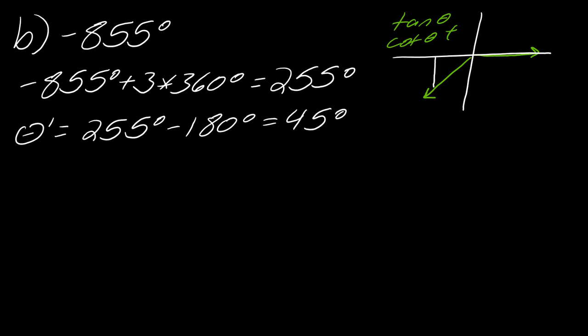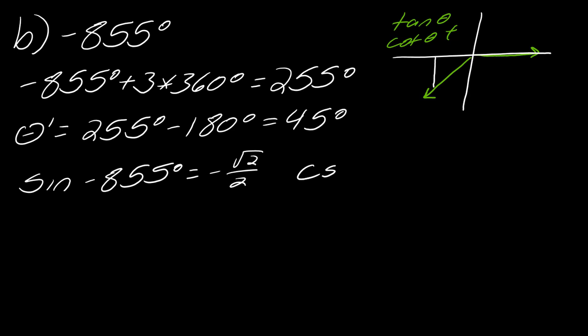So we can go ahead and write this all out. I'm going to have that, let's see, sine of negative 855 degrees. So this is going to be negative square root of 2 over 2, and then so will cosecant. And so let's see, it's just negative square root of 2.